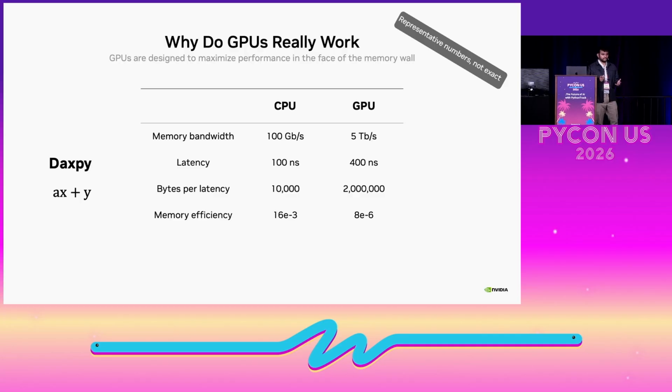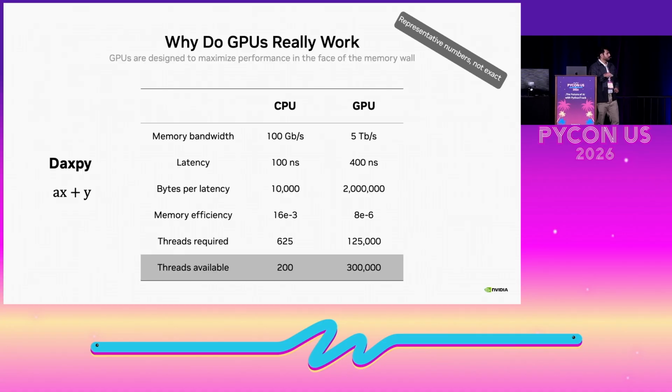So what can we do about this? This is the reason why GPUs care about parallelism. On a CPU, say you've got a few hundred threads, right? Like a Threadripper has around 196, I think. Then you can improve your utilization of all that memory quite a bit. You can use about a third of it. But GPUs have hundreds of thousands of threads.